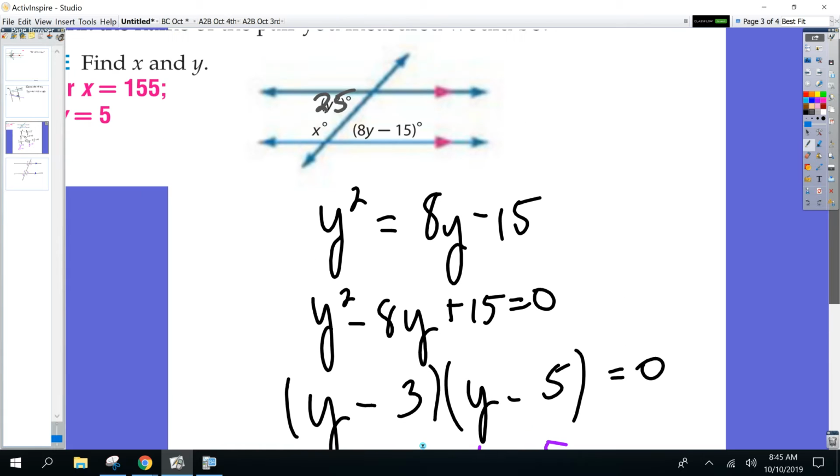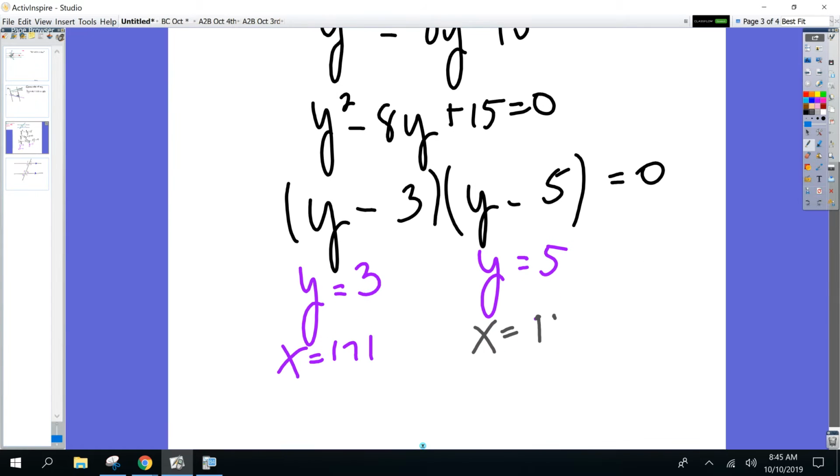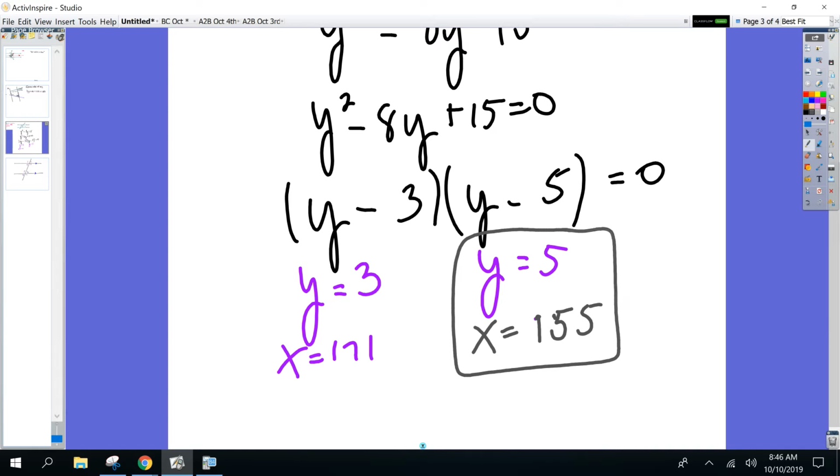It's 25 degrees. 180 minus 25 is 155. Whew. So we have two possibilities: 5 and 155, or it could be 3 and 171, and still be true. Okay, that's part of having that honors attached to your schedule.